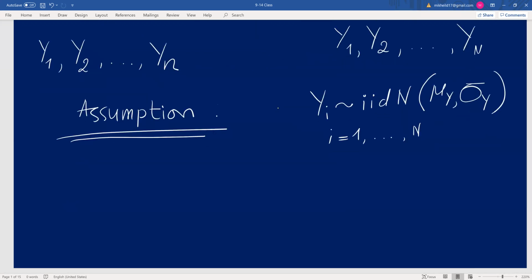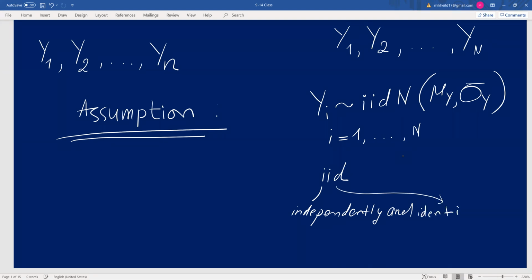Can you guys tell me what this IID stands for? Guys, you see my blue screen, right? Yes, sir. So, first I stands for independent. And second I stands for identically distributed.